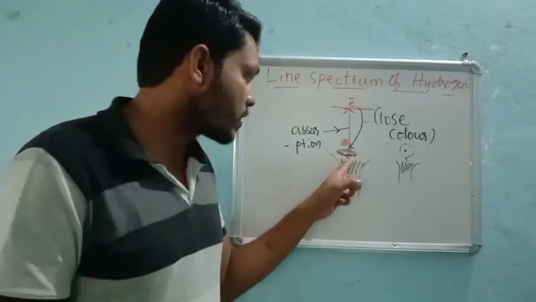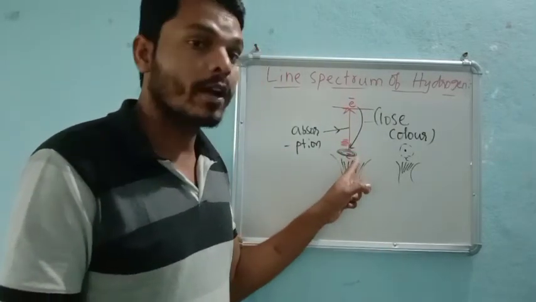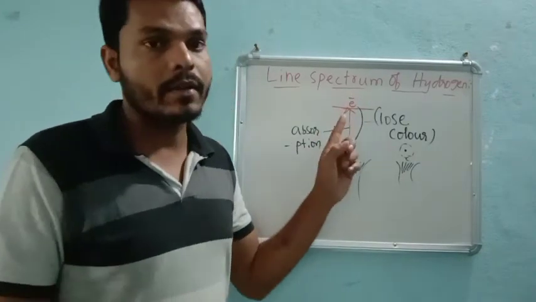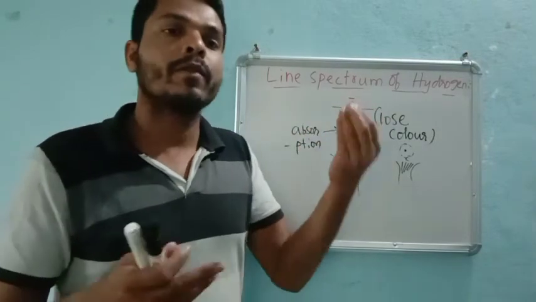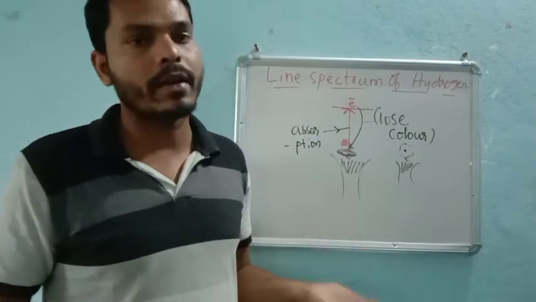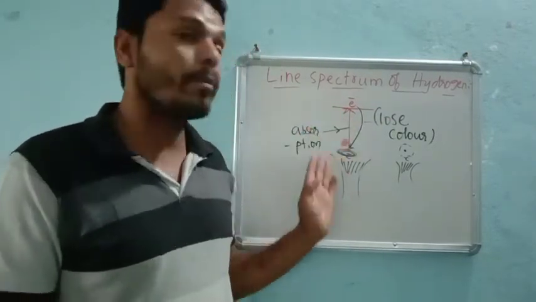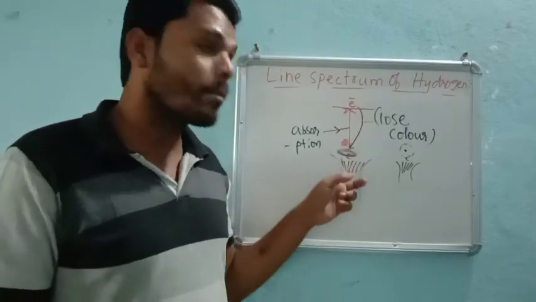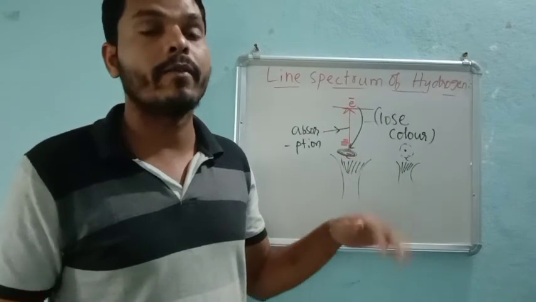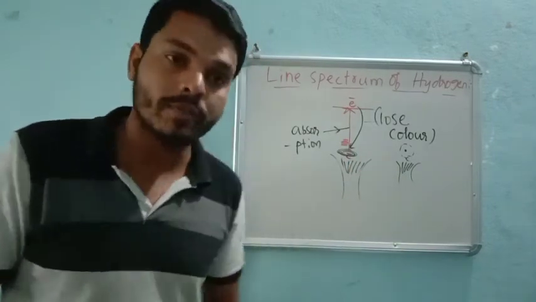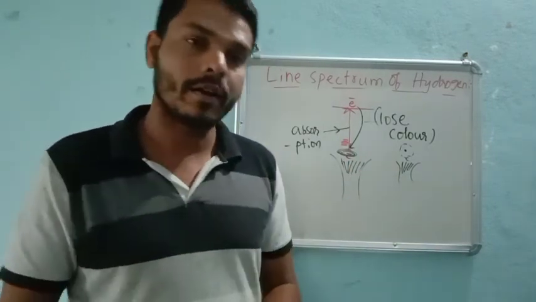Because the stable state of this electron is the ground state, not this. After some time, maybe 5 seconds, 10 seconds, it must come back to its ground state. While coming back, it loses energy, and that energy will have different frequency. That's why we observe different colors.